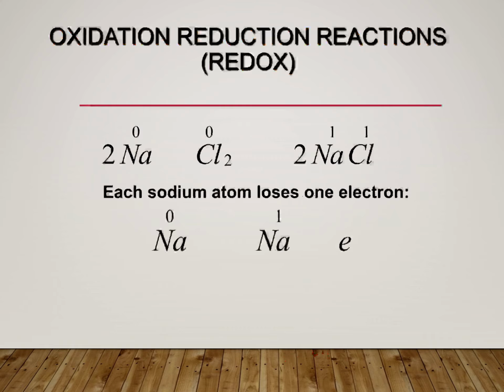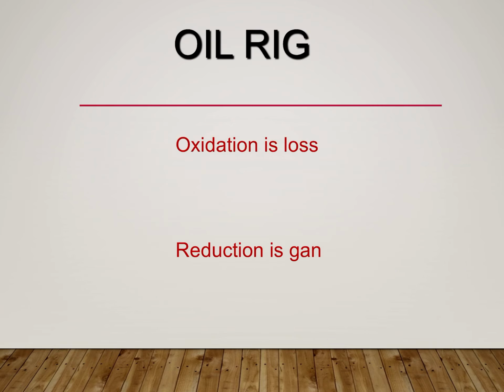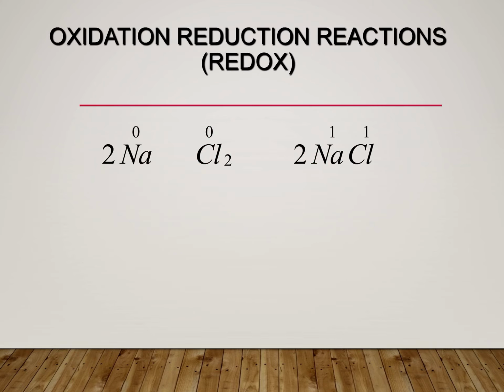Okay, so in this example, where are all my charges? Oh, my charges didn't come through. Okay, that's all right. So if we have this example, sodium plus chlorine reacts to form sodium chloride. When they're by themselves, sodium is going to be a 0 and chlorine is a 0, even though it's a diatomic. Chlorine is just bonded to itself, so it's a 0.